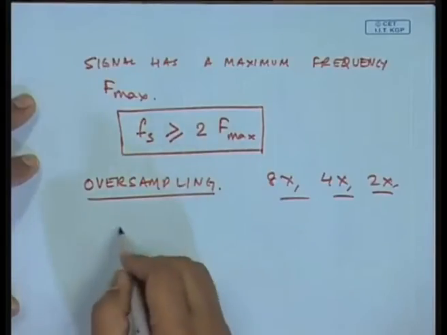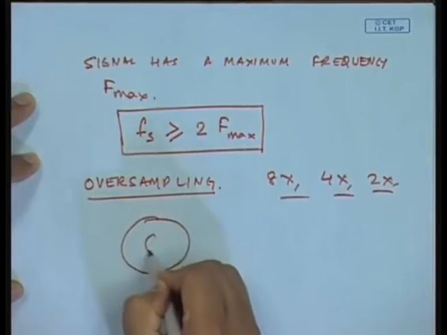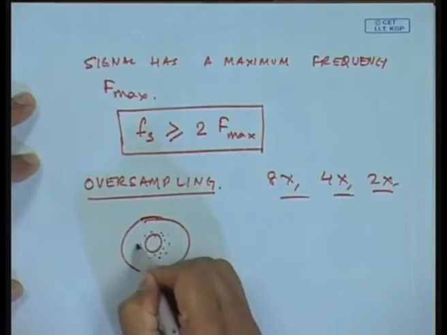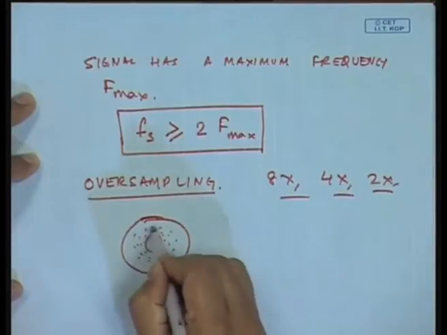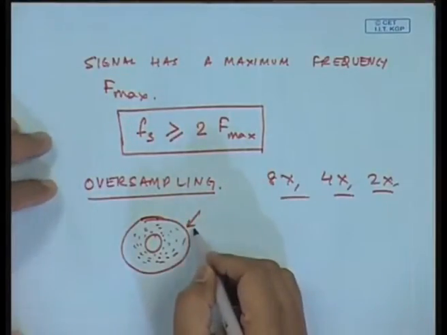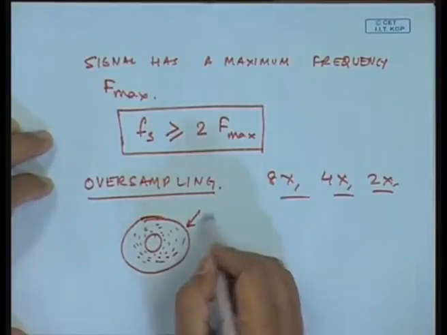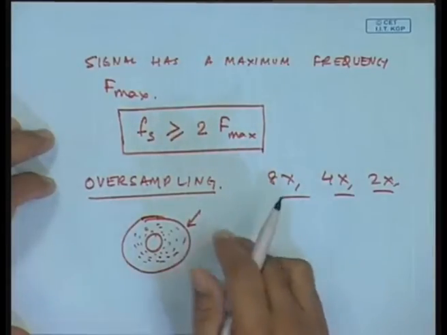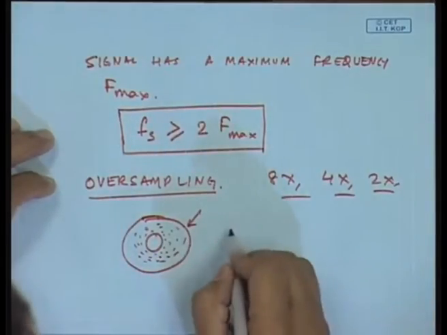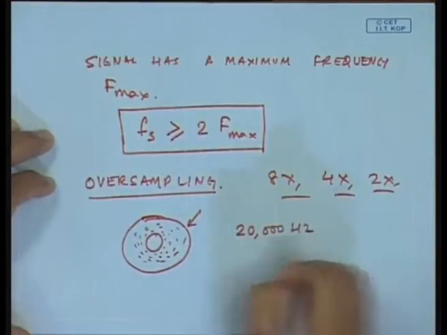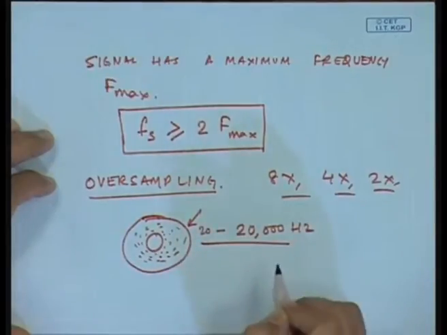I will just relate this to you, because in a CD, the data are set by, if you look at a CD very closely, there are a lot of bits, which is read by an optical light, because of the reflections of the optical light, a pulse will be obtained, and then you will be having ones and zeros, and this sampling here, because our human audio range is 20 to 20,000 hertz.